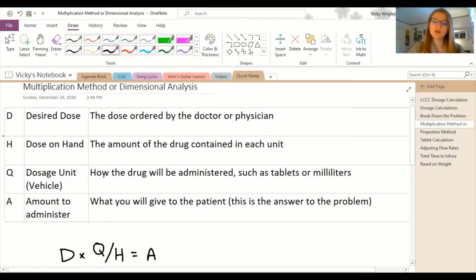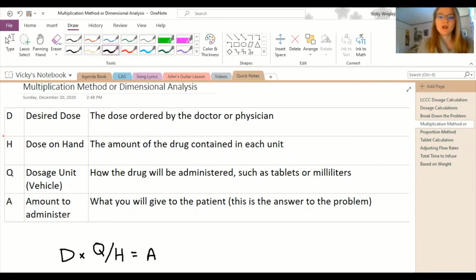And the dosage unit would be how we get that drug into the patient. Is it by mouth, by liquid? Is it IV liquid? Is it tablet, capsule? That's your vehicle. That's your dosage unit. And then the amount to administer is what we're giving to that patient, the amount of vehicles that we're giving to that patient so that they get the desired dose.